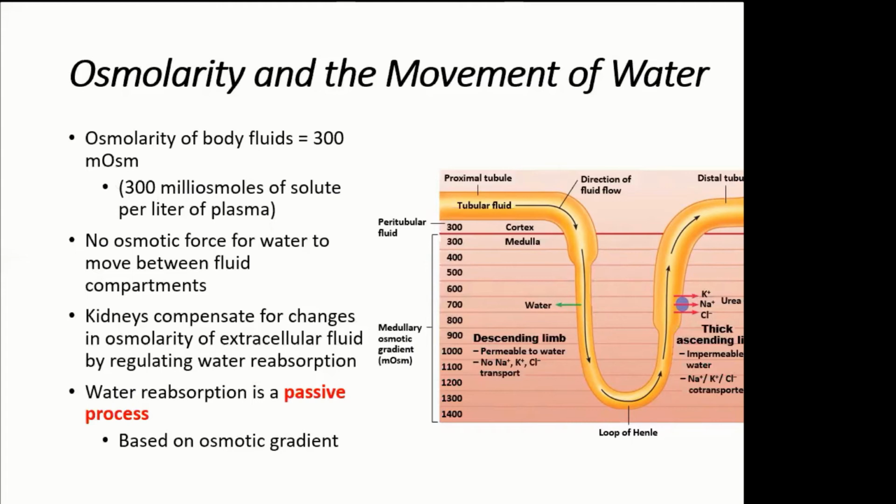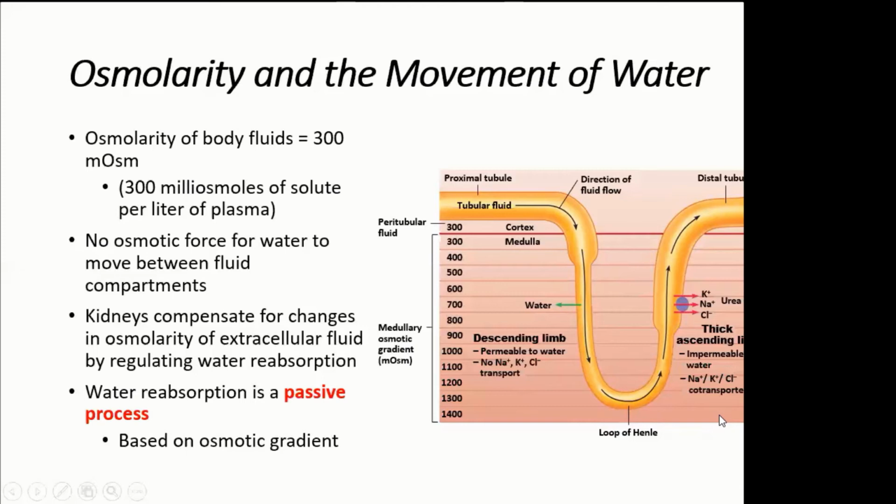So rather than dumping a bunch of salts into your plasma somehow, we're going to regulate the osmolarity of our plasma and therefore our blood and the rest of our tissues by controlling how much water gets moved back into the blood instead of being excreted.